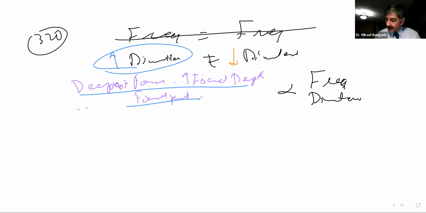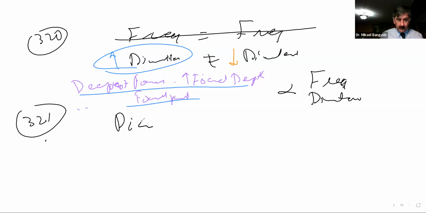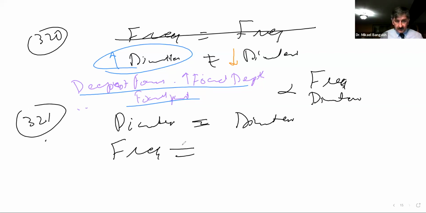Question number 21. Two systems are identical except for the frequency emitted. So in this case the diameters of the PZTs are the same, except for the frequency emitted, so our frequencies will not be the same.